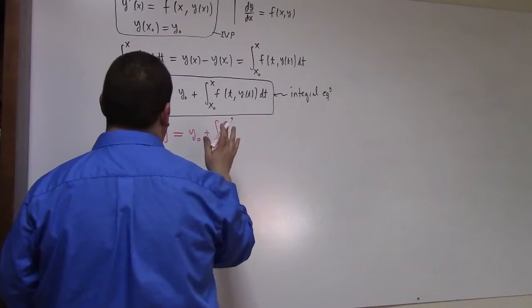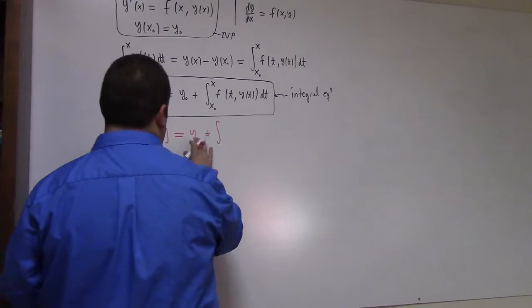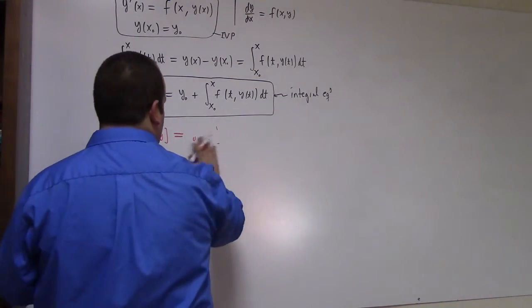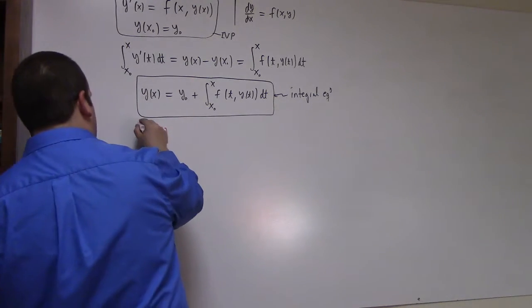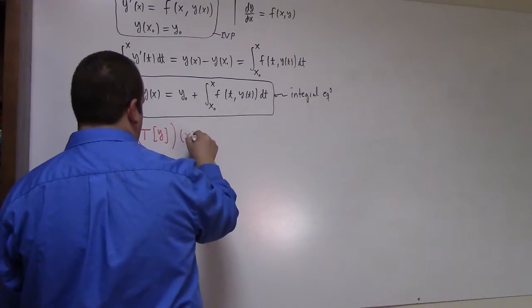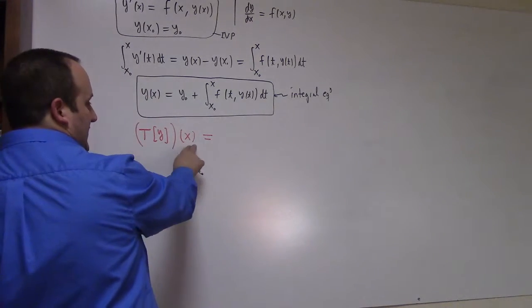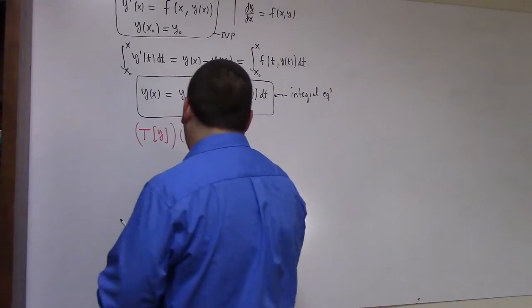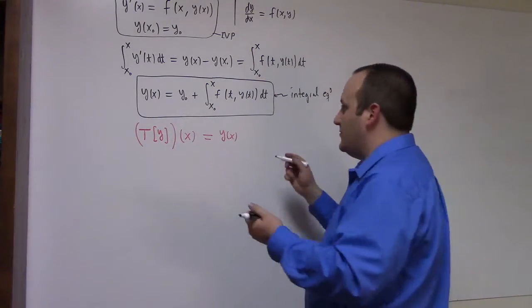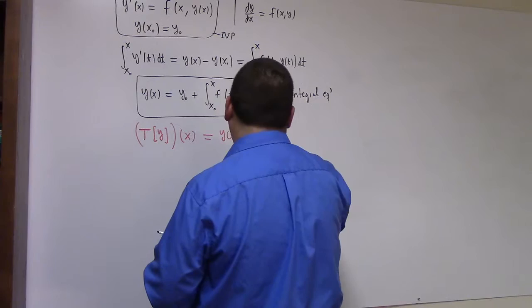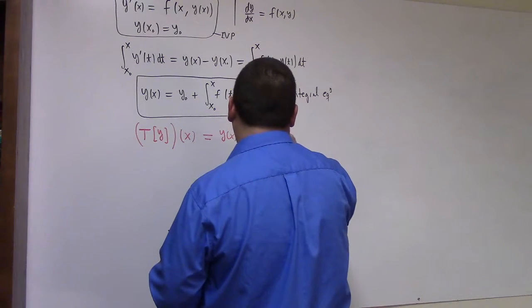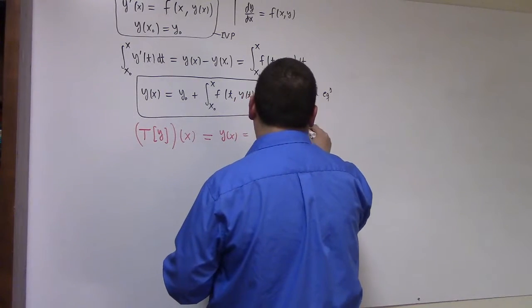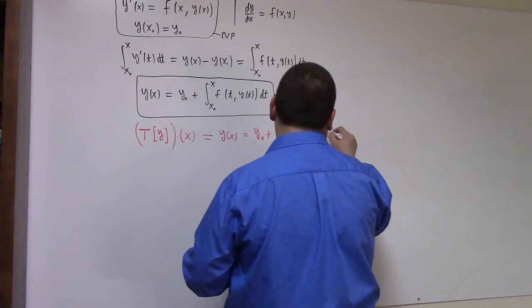Excuse me, I'm still not saying this right. This is the value of the function at x. So to be careful, I should say this operator is defined pointwise as follows. T of y is a function, and its value at x is y naught plus the integral from x naught to x of f of t comma y of t dt.